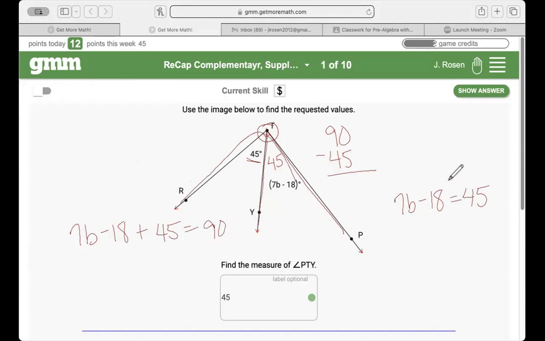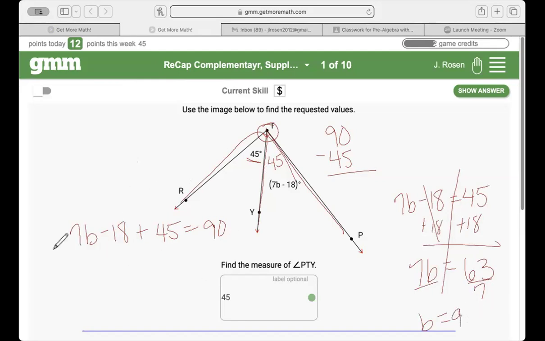It's totally up to you. I'm going to go over here and do this one. So we're going to add 18 to both sides. And that's going to get me 45 plus 18 is 63. And then I have to divide that by 7. So 63 divided by 7 equals 9.